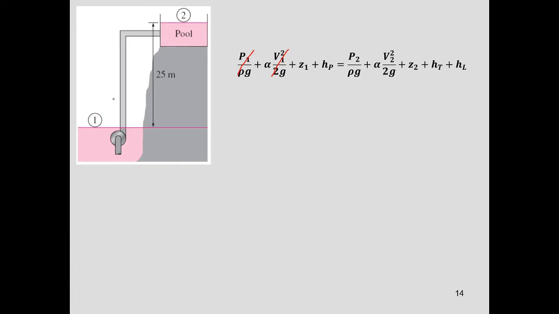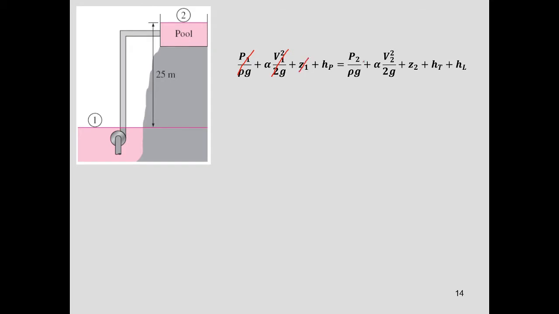For Z1 and Z2, you need to decide by yourself. I prefer the lower part to be 0 and the higher part to be the height of the point. So for point 1, h is equal to 0, so I can cancel this part.